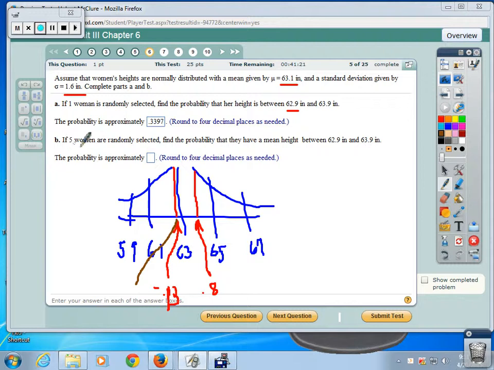Anyway, the square root of 5 is what? 2.24. Alright, so plug that in there. And what is your new left-hand z-score?